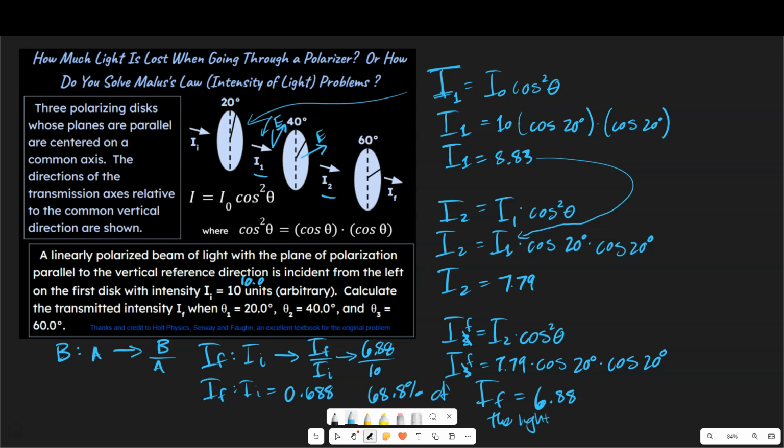That's a really important idea too, to be able to take this and translate it into words and think about what 68.8% even means. This is just what we mean when we compare things with ratios. If we want to take our final and compare it to our initial, that's how you would go about doing it: the final divided by the initial.